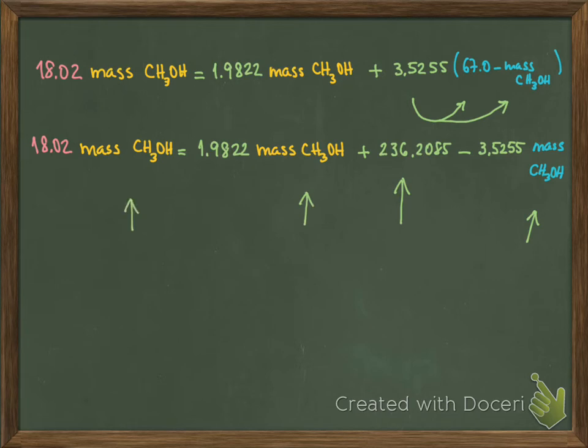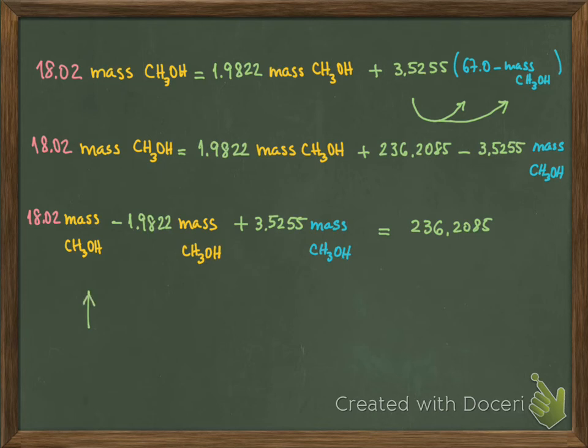So we now have to arrange this equation in a way where the independent term is on one side of the equation, and all the terms that contain the mass of methanol are going to be on the other side of the equation. I am keeping the independent term on the right side of the equation, and every term that contains the mass of methanol is going to go to the left side.